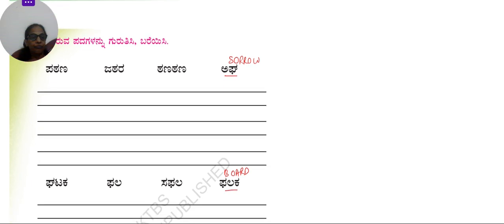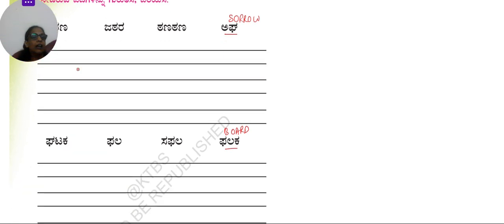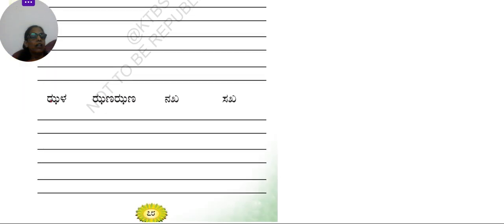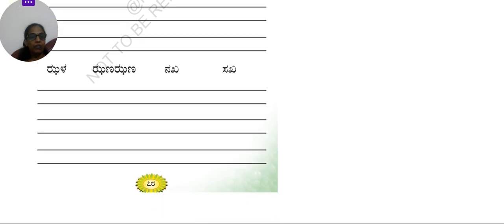Then Ghataka, Phala, Safala, Phalaka means a board. Then Jhala, Jhana Jhana, Nakha, Sakha. These words we have already seen the meaning of on the previous page.